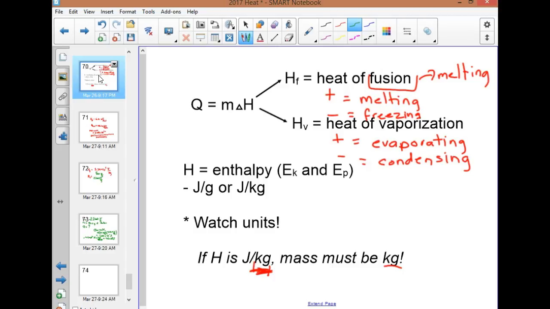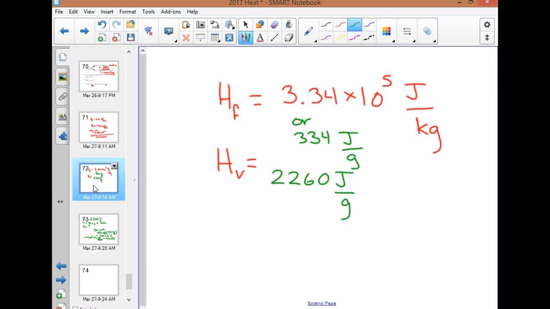Fusion, because there's the word melting in the stem of the question. That means you have to use either this data or this data here, depending on what mass your ice is given to you in. We're using the 334 joules per gram, because you have 35 grams of ice.